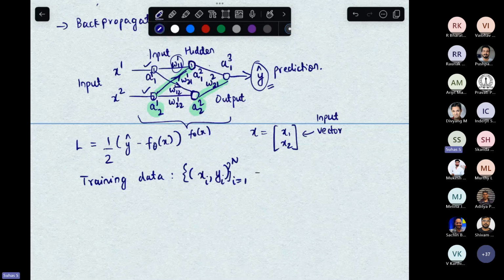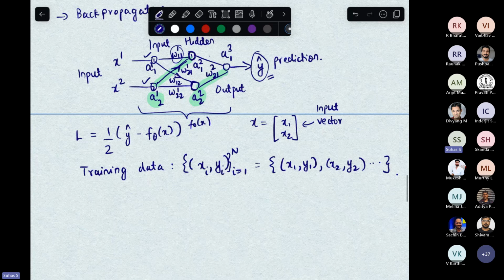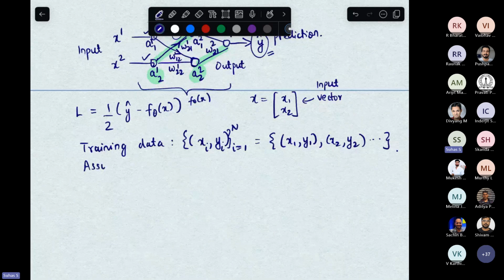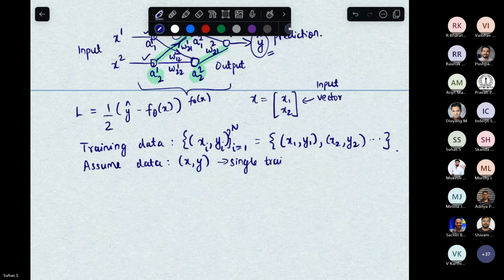So your training data will typically look like x1. For x1, you desire the output y1. For x2, you desire the output y2, and so on. Okay, so this is our training data. But for now, let's just assume we have a single training example, just x comma y.